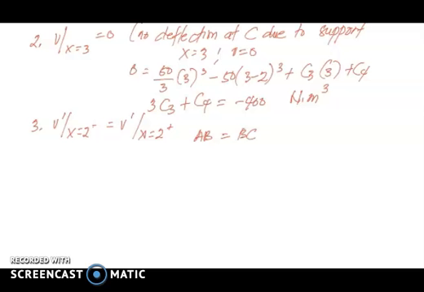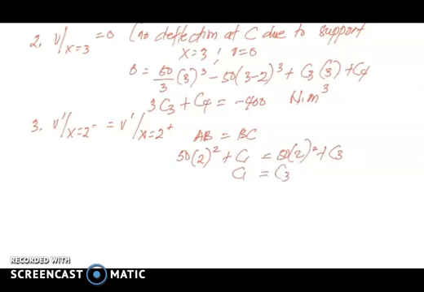If we substitute the value for x, we have 50 times 2 squared plus c sub 1 is equal to 50 times 2 squared plus c sub 3. So we have c sub 1 is equal to c sub 3.